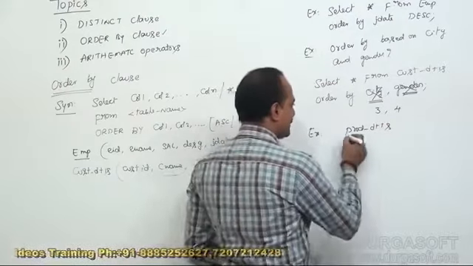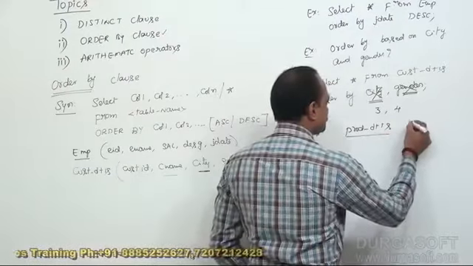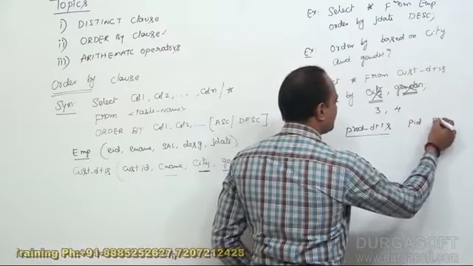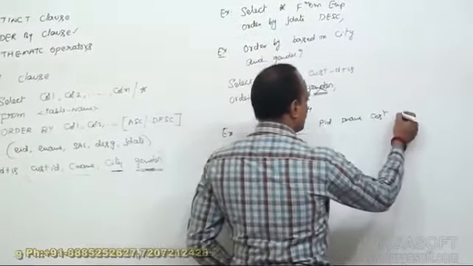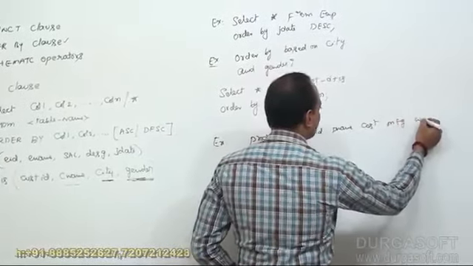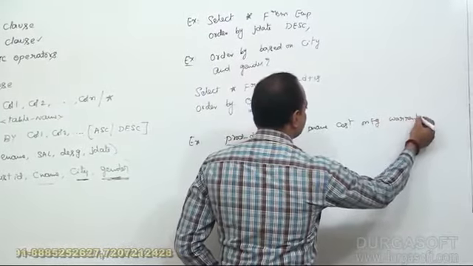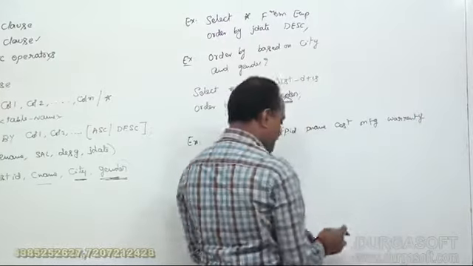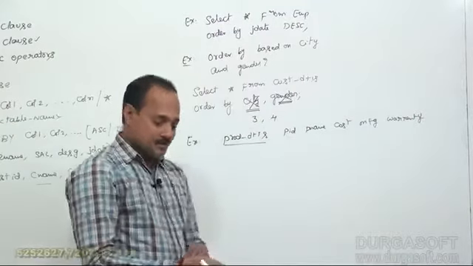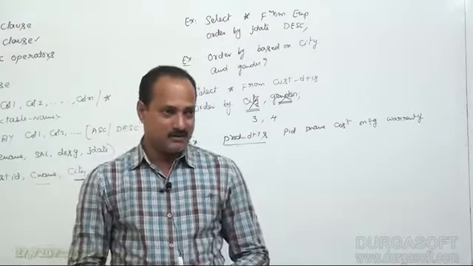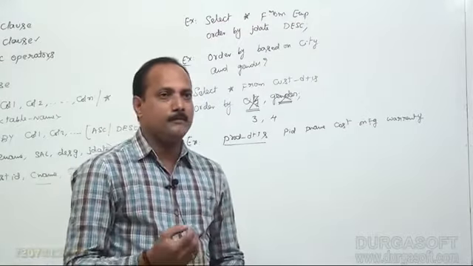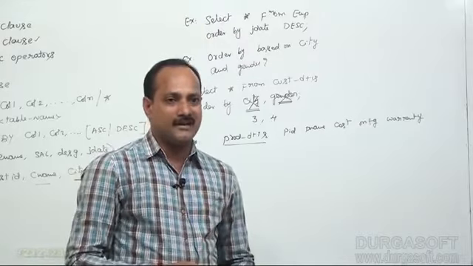Okay, next example. Let me consider product details. Here, what is the information of product? Product ID, product name, cost, manufacturing date, warranty. So here I want to see the information like this. Display products information based on manufacturing date.